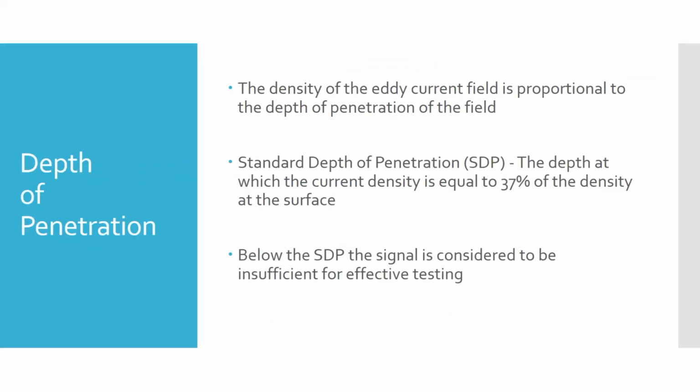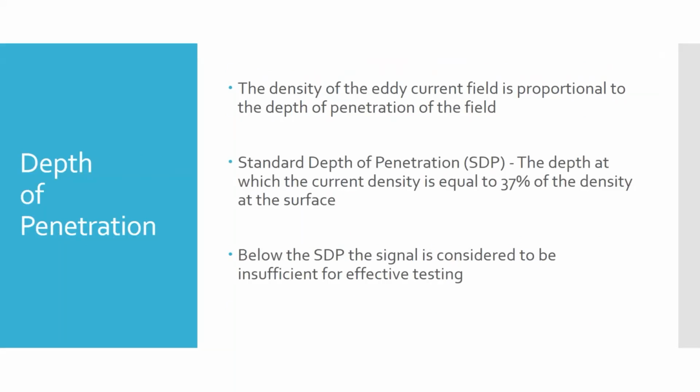So that's going to affect, like I said, the depth of penetration. The density of the eddy current is directly proportional to the penetration of the field. Okay. And the strength of the eddy currents reduces exponentially as we go away from the surface.